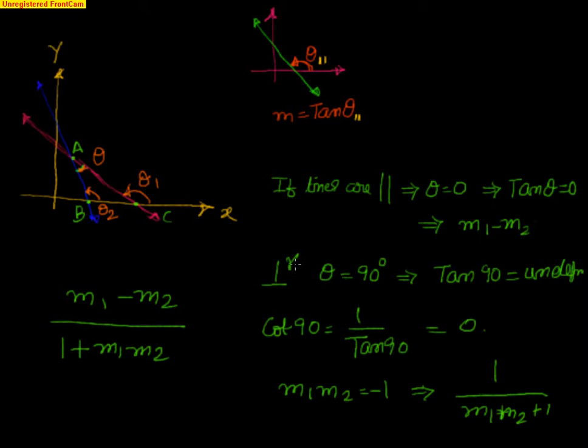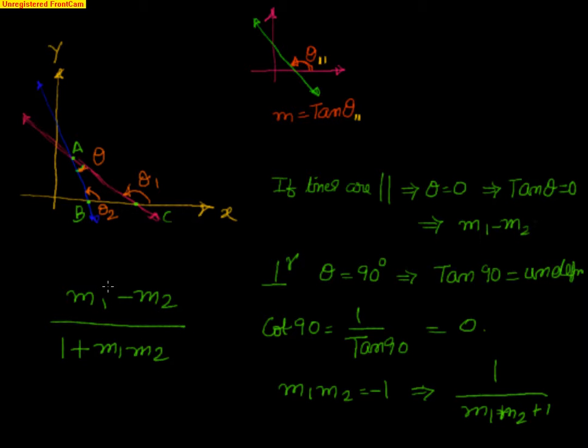Are you with me? Let me repeat that. See here, if the lines are parallel, slopes are same, m1 equal to m2. So my tan of angle should be 0. That means m1 minus m2 should be there at the top of my formula. Similarly, if it is 90 degrees, it's undefined, but I go for cot 90, 1 by tan 90. Cot 90 should be 0, right? Whenever I go for cot, this comes at the top.